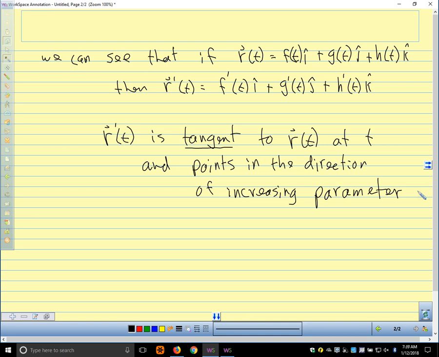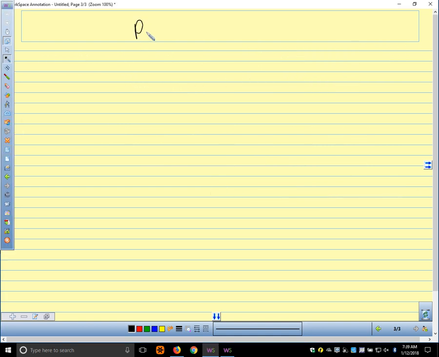So some properties of the derivative of a vector valued function. For the most part, they mirror the properties of a scalar derivative, but there are some important differences and some important additions.